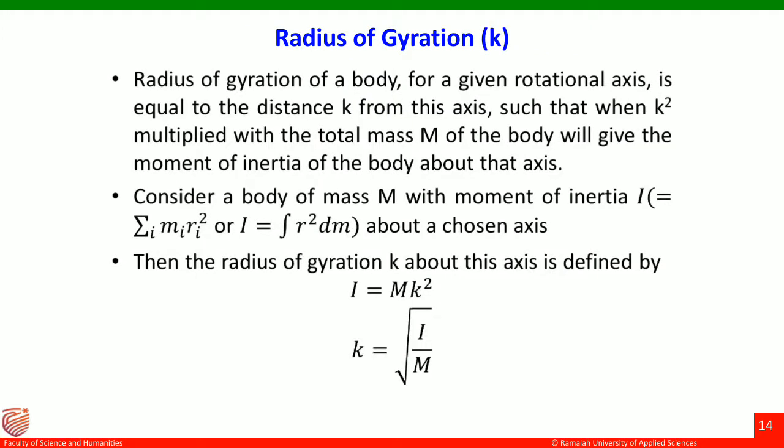And we are also going to discuss radius of gyration. How do we define radius of gyration? Radius of gyration of a body for a given rotational axis is equal to the distance k from this axis, such that when k square is multiplied with the total mass of the body, it gives the moment of inertia of the body about that axis.